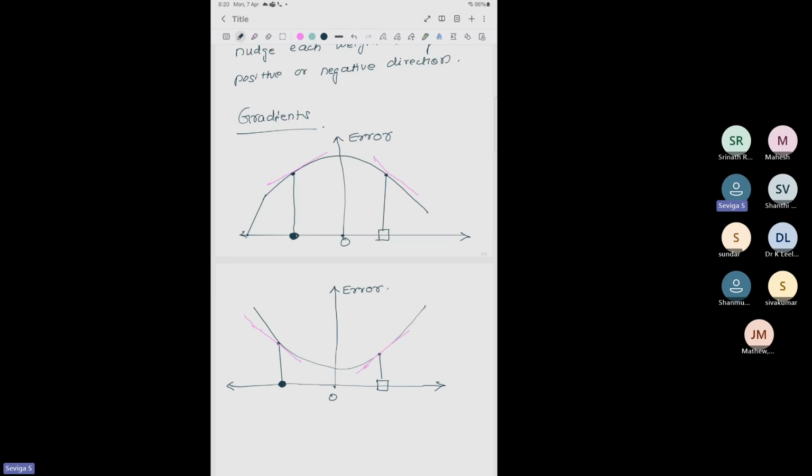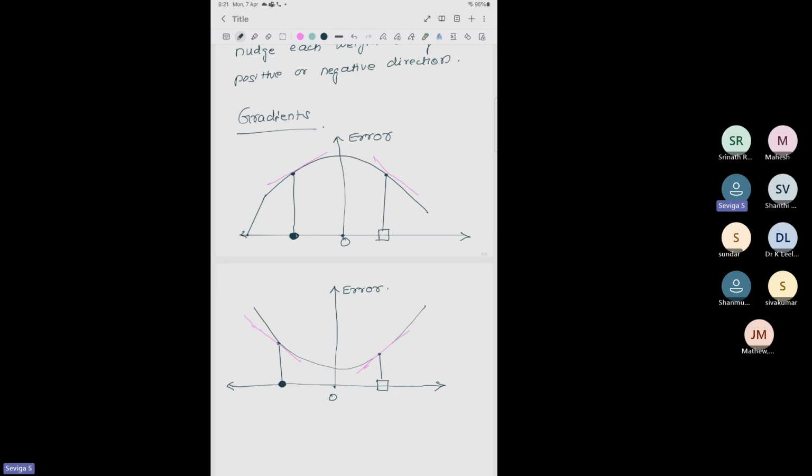So this calculation of the gradient should not take much time, because if it is time consuming to compute, then it is no use. We can use the earlier algorithm of nudging the weights. We wanted to know whether to add or subtract the weight before, so that is the only reason we are using the gradient.